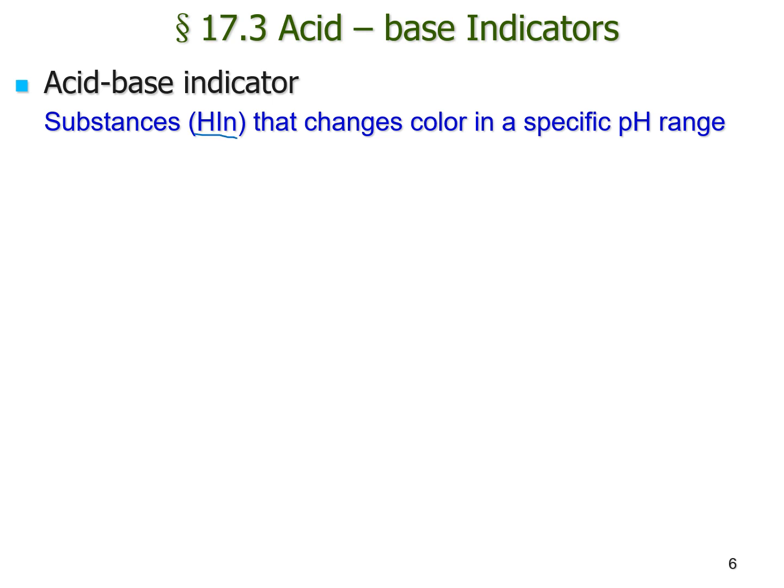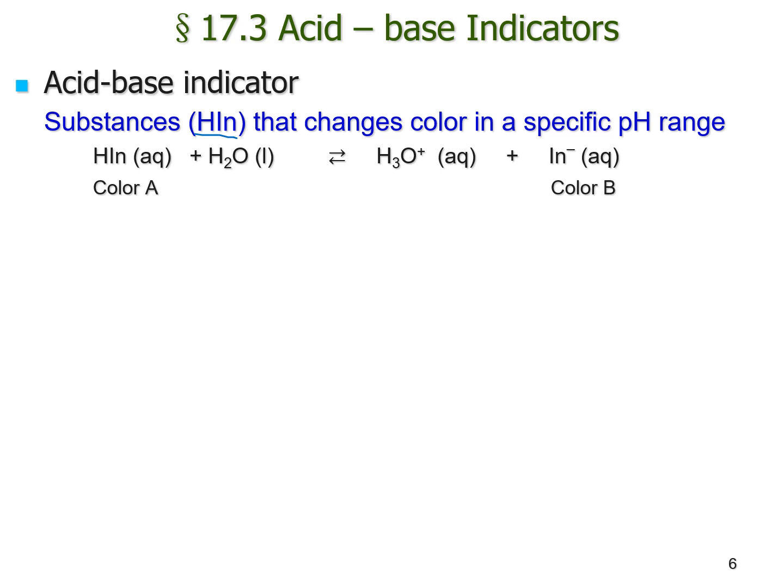So we have an acid form of this indicator, and it undergoes dissociation, as you can see. Once it undergoes dissociation, its conjugate base shows a different color. So that is why we see the sudden color change. It tells us whether that is going to be the end of our titration. So an indicator is just a pair of conjugates that shows different color at a certain value of pH.